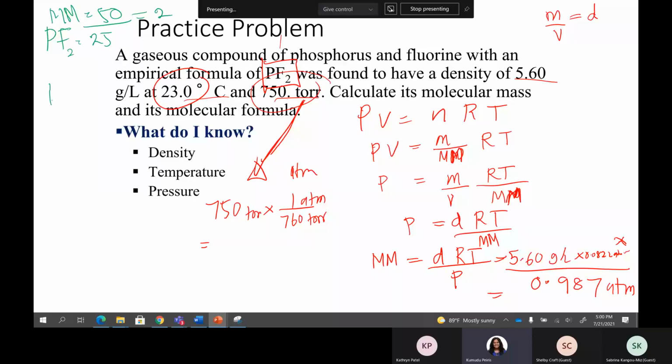Yes, then I multiply it by 2. So then it would be P2F4. This is just an example and not the answer for this question. Since I do not have the correct answer, I just wanted to demonstrate how you can get the molecular formula. You guys have any questions?